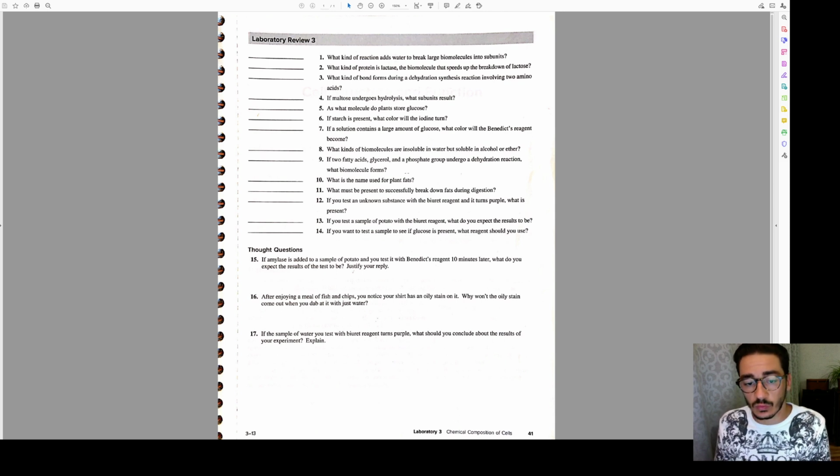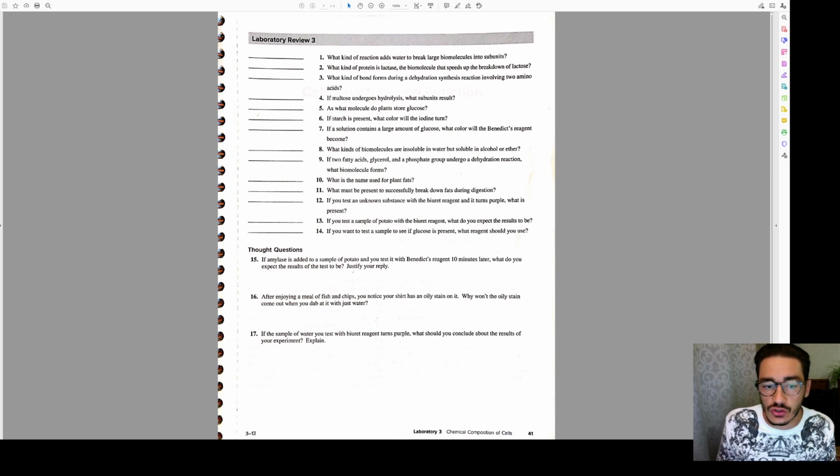The next class we're going to have a quiz on those, and the quiz is going to have some questions based on those questions. I don't know how many questions it's going to be, but I'm going to take, for example, if starch is present, what color will the iodine turn, right? I'm going to take that question, maybe a little bit modified, maybe not starch, maybe I'm going to use simple sugar, right?